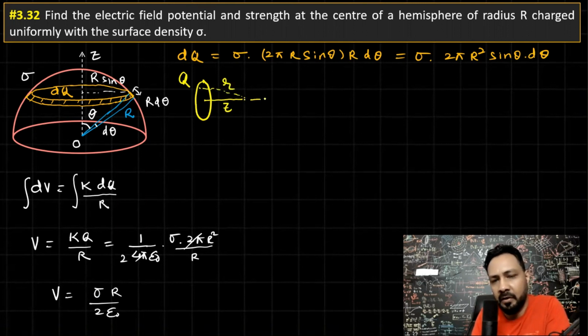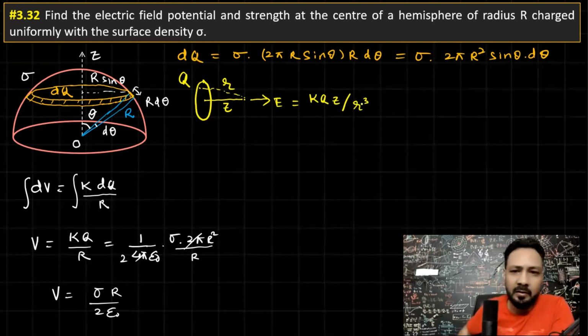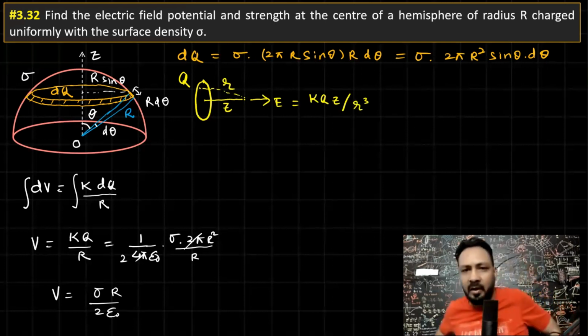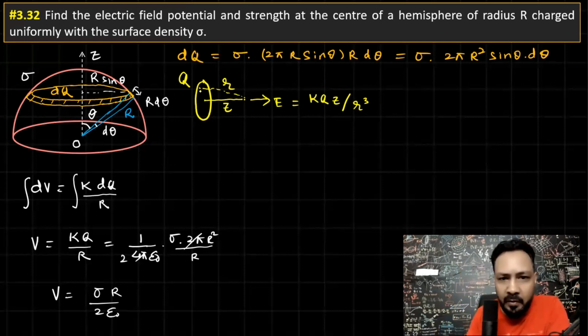So the electric field here, if q is uniformly charged, is along the axial direction, and it is given by kq z divided by r cube. And remember, this small r is the distance of any point on the periphery of the ring to that point on the axis where we want to find the electric field. So this is the formula I'll be using.